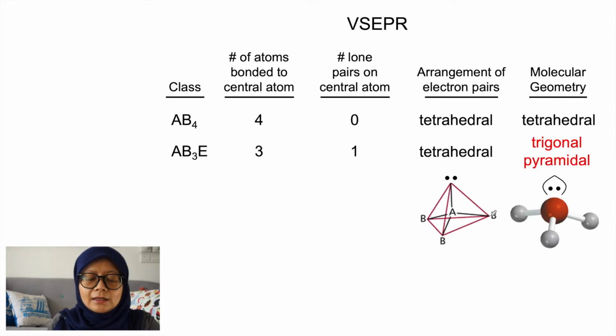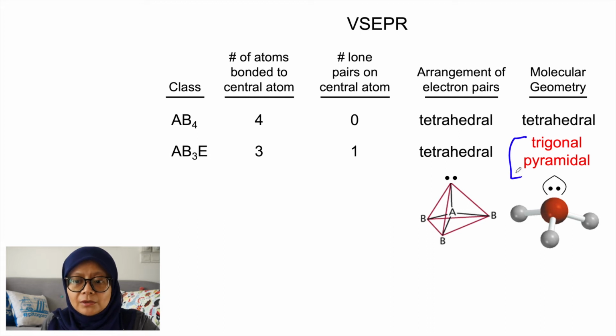And then if we have one lone pair on the central atom, we write it down as AB3E, because we have three surrounding atoms bonded to the central atom. So it will give you one lone pair and three bonds here, and the shape will be trigonal pyramidal, with one lone pair.